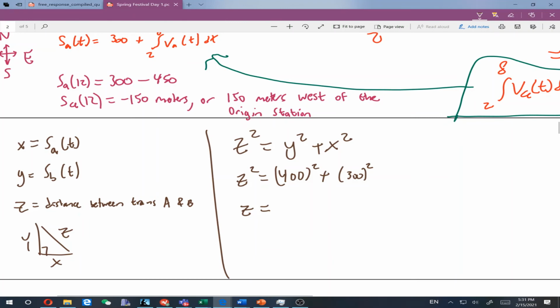Yep, 3, 4, 5. So this should be 500 meters is the current distance between the trains at the time t equals 2.